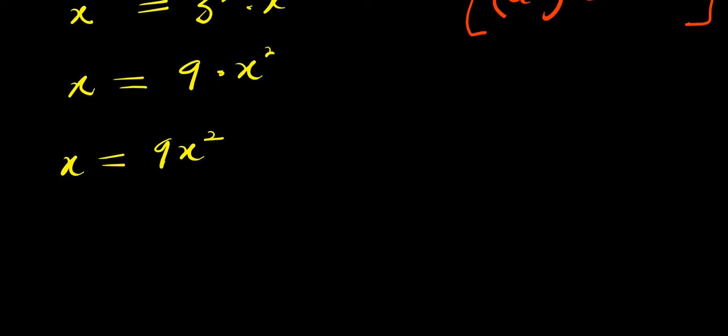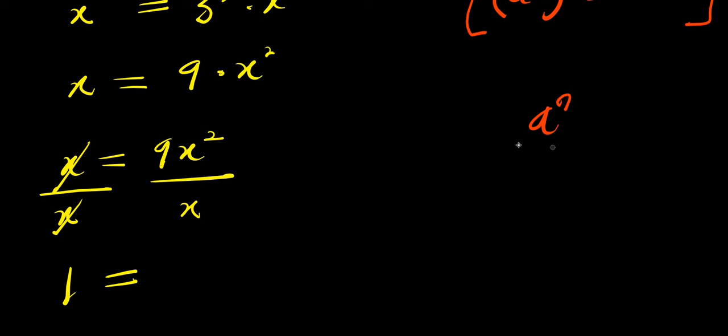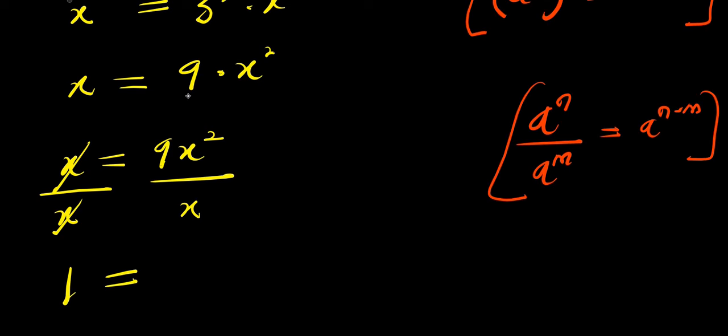Now, what you can do is divide this by x, divide this by x, x eliminates x, you have 1 equals. Now, if you have a power n divided by a power m, this equals a power n minus m. So what happens here is that this x is to the power of 1.